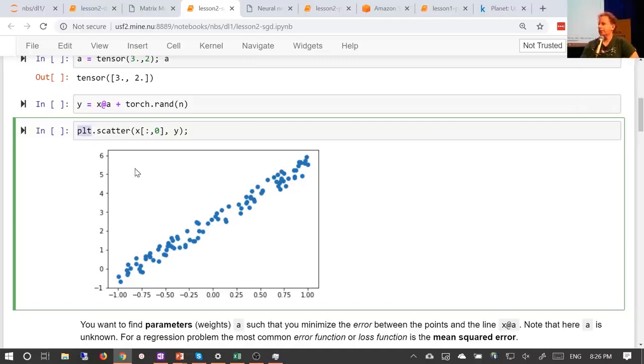PLT is what we universally use to refer to the plotting library matplotlib. That's what most people use for most of their plotting in Python. In scientific Python, we use matplotlib. It's certainly a library you'll want to get familiar with because being able to plot things is really important.